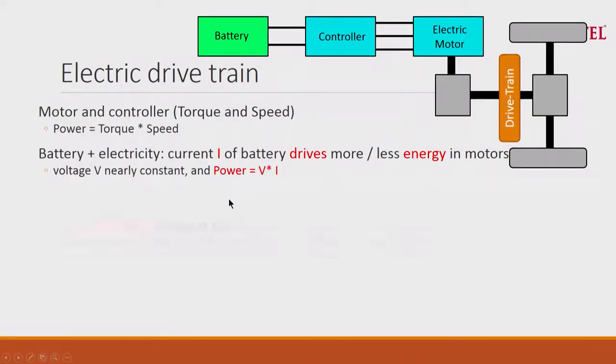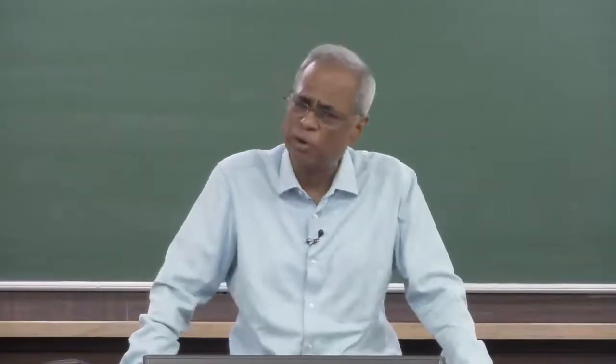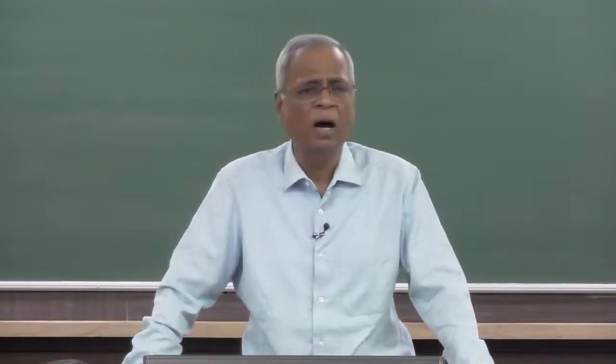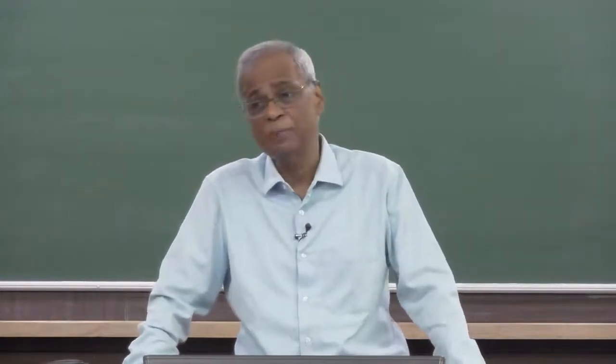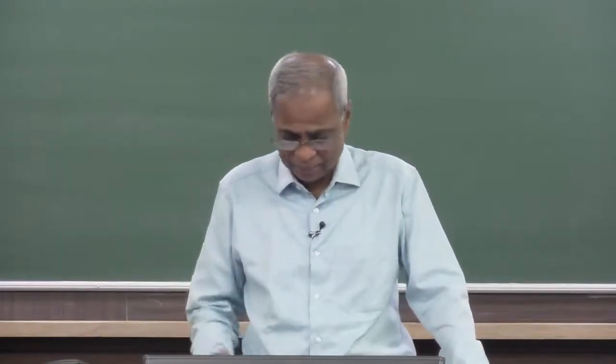Of course, almost everybody knows. And as I pointed out, there are DC-DC converters, which convert the battery voltage to the desired voltage. The voltages that are required are 12 volts typically, sometimes 24 volts, 5 volt, 3.3 volt, all these converters are there, electronic converters, electrical circuits.